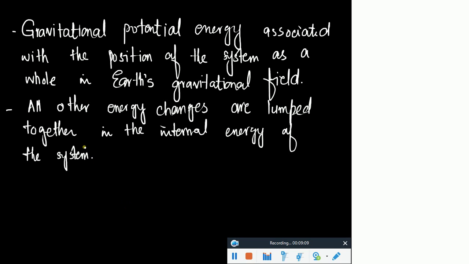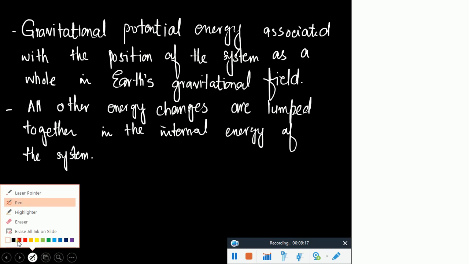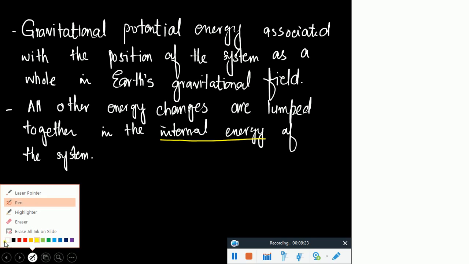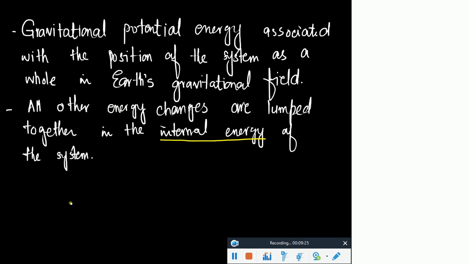So you can say every other thing would be taken into consideration in this definition of internal energy. Not the total energy.